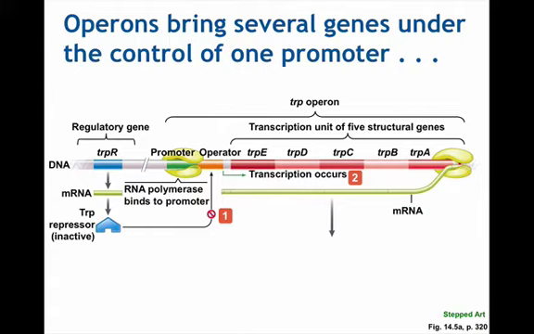So trpR is an independent gene, has its own promoter, its own SD box, its own start and stop, its own transcription terminator, all of those things. It makes a protein, the Trp repressor, that can bind onto the operator. If Trp repressor binds the operator, then it blocks transcription.